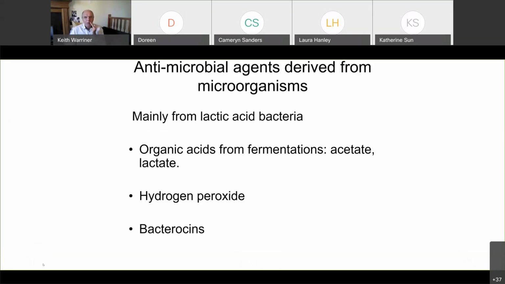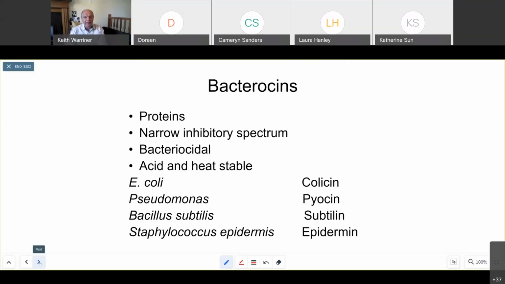Now, when it comes to microbes, obviously, we've talked a lot about the organic acids and acetate and hydrogen peroxide and bacteriocins. So we'll talk about bacteriocins because we've covered the other lot. Bacteriocins, as we talked about in quorum sensing, are interesting. They are peptides, and they can take different forms.